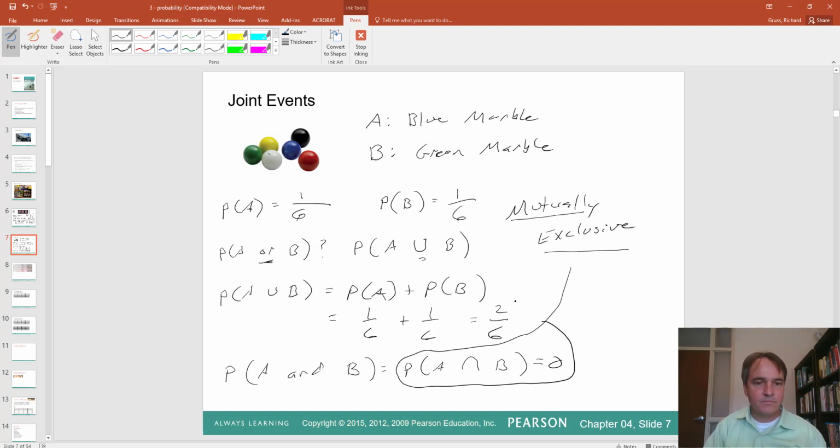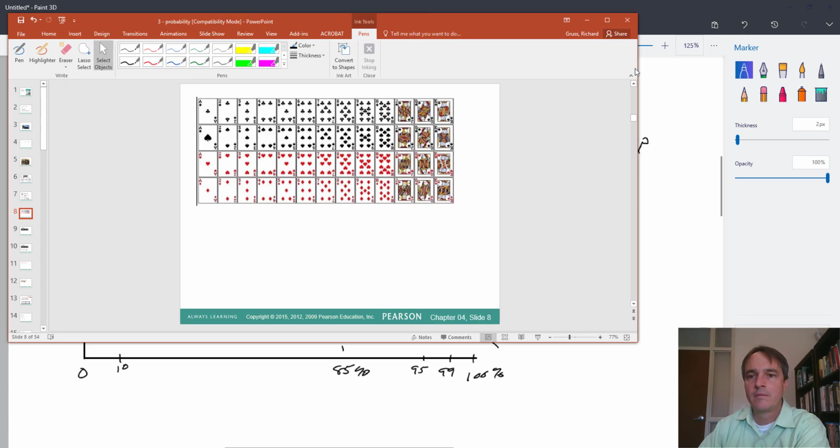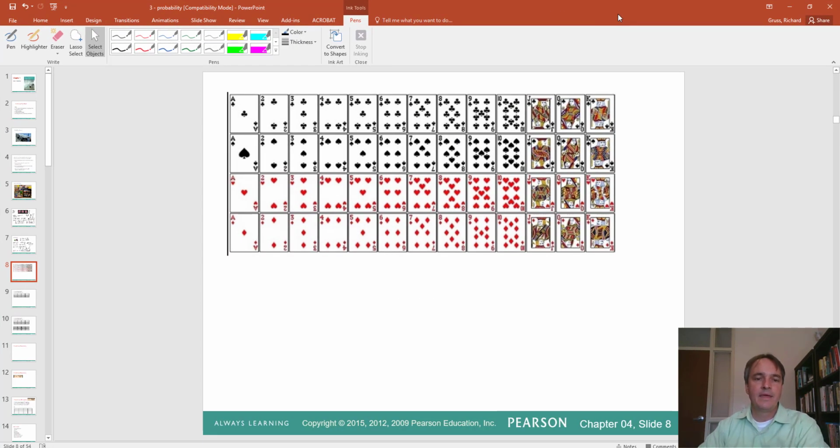Okay? All right, so let's take a look at another joint event that adds a little bit of complexity to this. Okay, so this time we're going to take a look at a deck of cards. This is the standard deck of cards. We've got 4 suits and 2 different colors. And for each suit, there are 13 cards. Okay, so let's take a look at some events here in this situation.